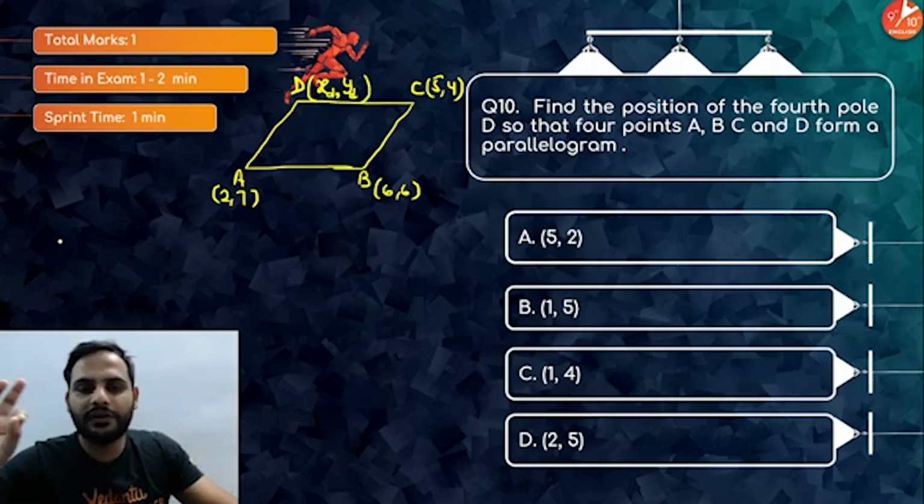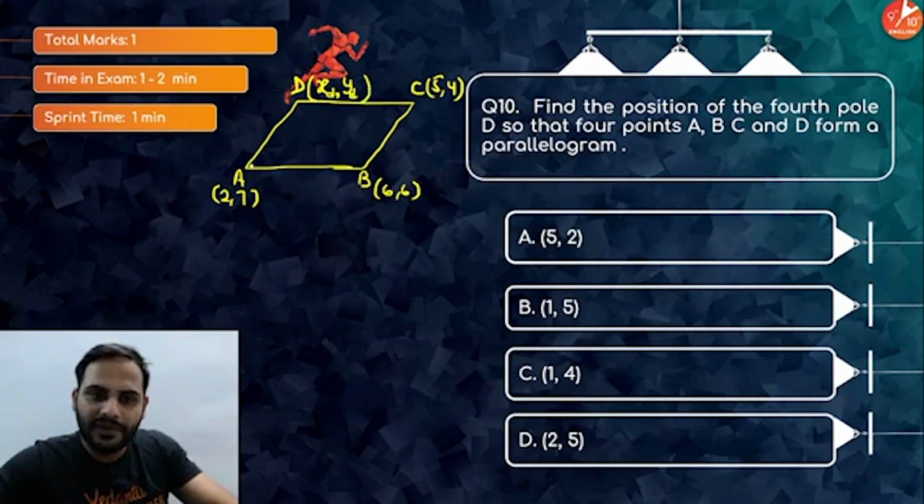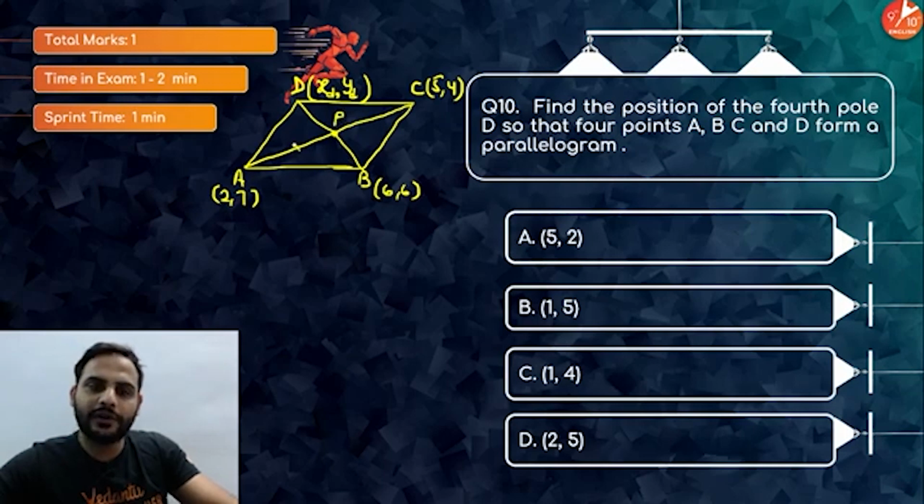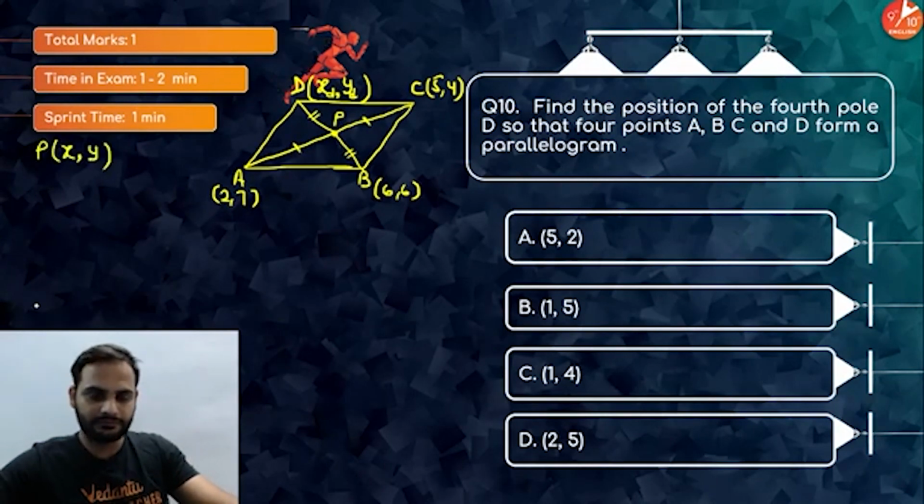So for the parallelogram, instead of using the distance formula making opposite sides equal, the best property to use is that diagonals of a parallelogram bisect each other. That means this point P will be the midpoint of the diagonal AC as well as the diagonal BD. Let's say coordinates of point P are x comma y. A and C's coordinates we know.